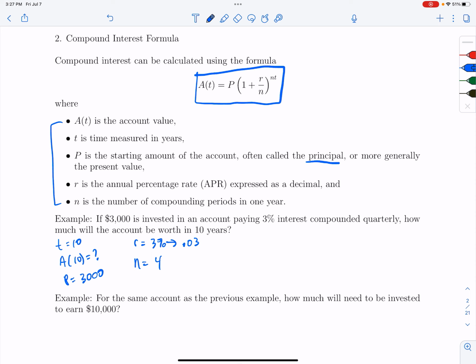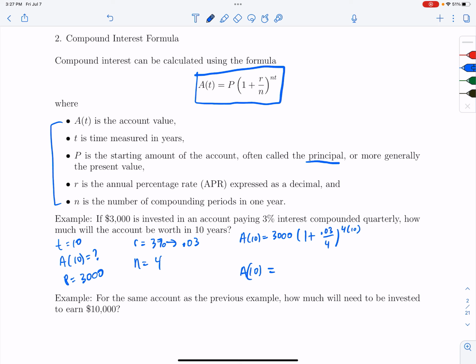So from here, we just plug everything in. A of 10 is equal to 3,000 times 1 plus the interest rate as a decimal divided by n, raised to the nt, so 4 times 10. And then we can plug this into our calculator to get a value. You just want to be careful typing everything in correctly.